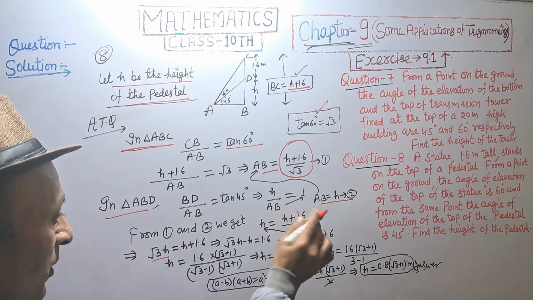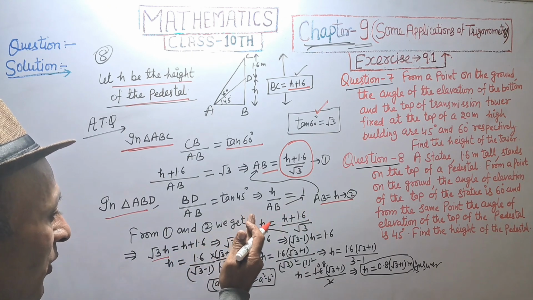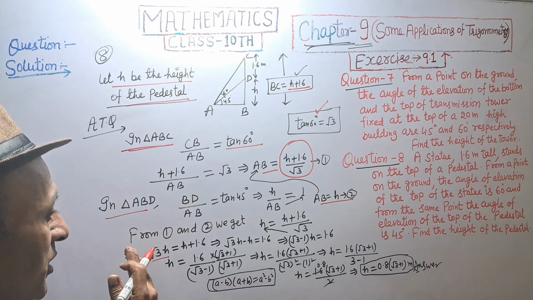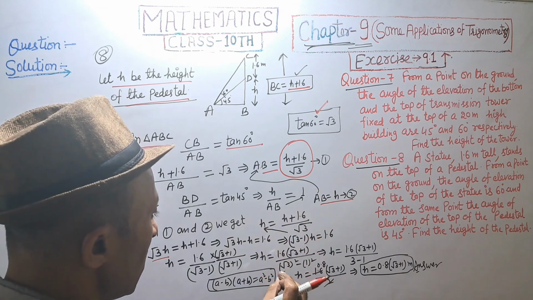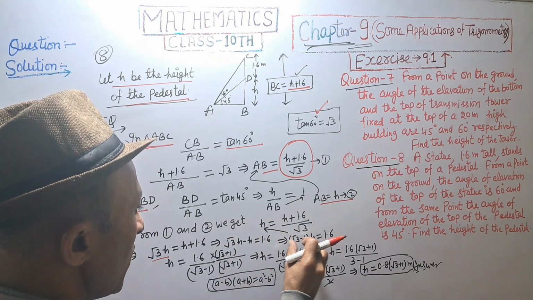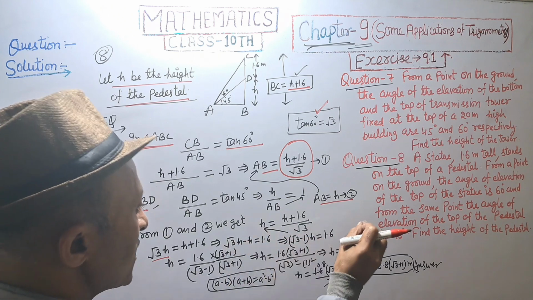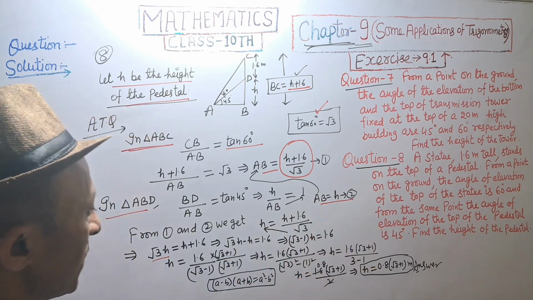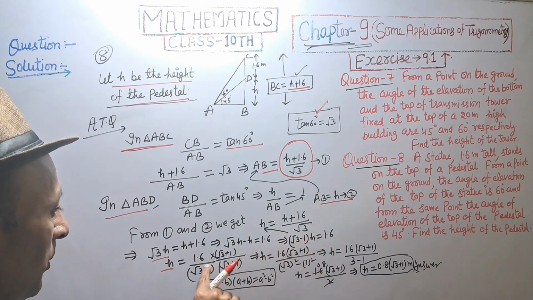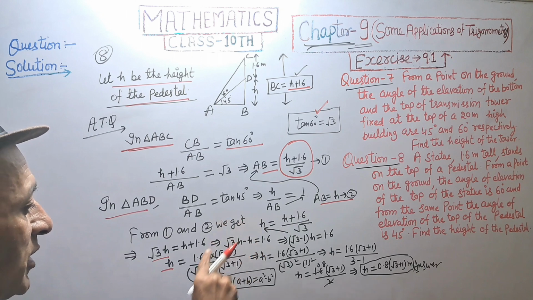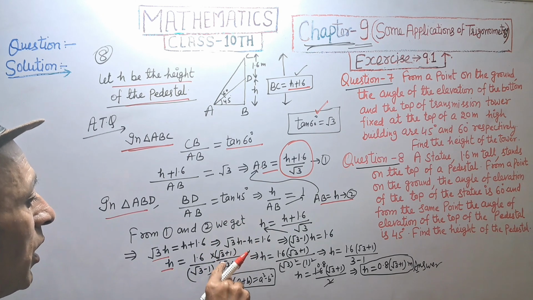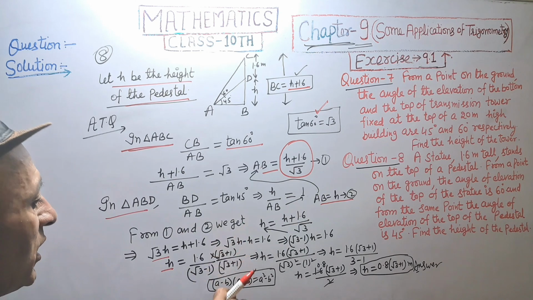Root 3 multiplying on the left side, we get root 3h equal to h plus 1.6, and we are shifting h to the left side and taking h common. In bracket we get root 3 minus 1, and h is taking common, equal to 1.6. h is equal to 1.6 divided by root 3 minus 1, and we are rationalizing with the opposite sign in the denominator, that is root 3 plus 1, multiplying and dividing both sides.